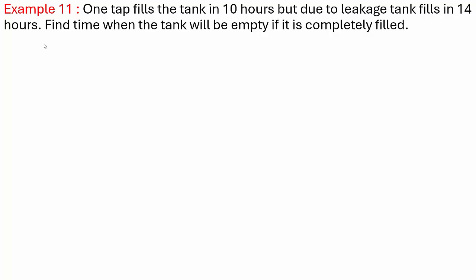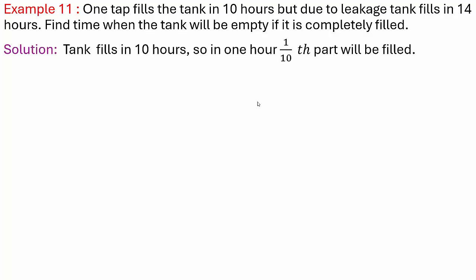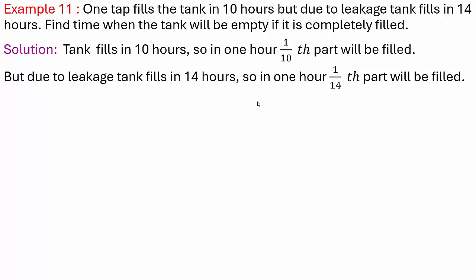Next example. One tap fills the tank in 10 hours, but due to leakage, the tank fills in 14 hours. Find the time when the tank will be empty if it is completely filled. Solution: the tank fills in 10 hours, so in 1 hour, 1 by 10 part of the tank will be filled. But due to leakage, the tank fills in 14 hours, so in 1 hour, 1 by 14 part will be filled.